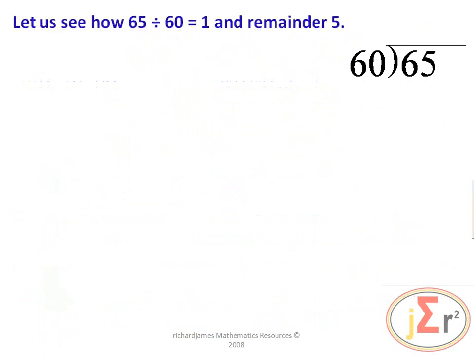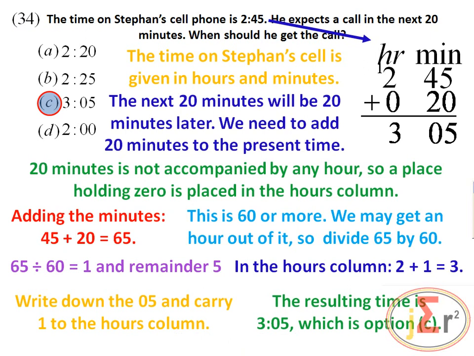Now, what are we doing here? We are dividing the 65 by the 60. So let us see how 65 divided by 60 is equal to 1 and remainder 5. That's what we are taking a look at. Over on the next slide, what do we know? That when we have our 65 minutes, we say that is what? 1 hour and 5 minutes.